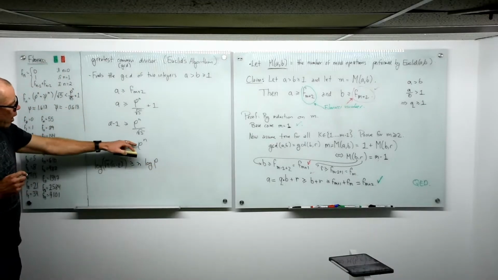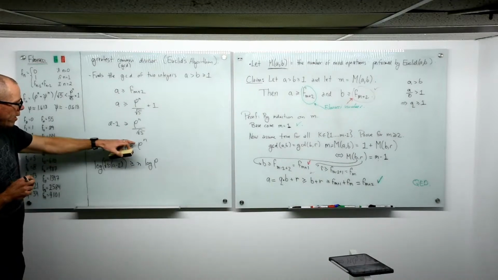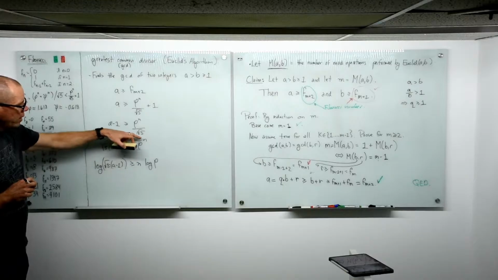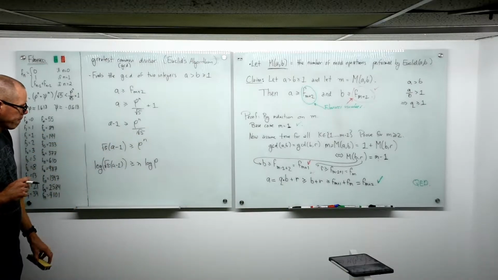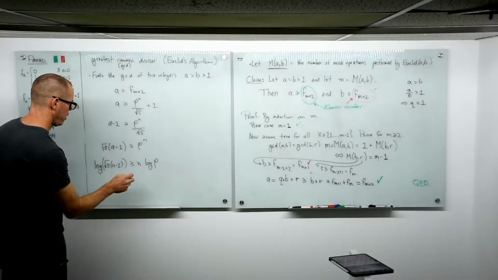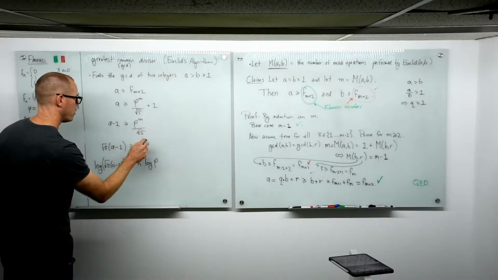If I take the logarithm of something raised to an exponent like this, it's the log of the base times the exponent. Sorry, not n, these should all be m's.